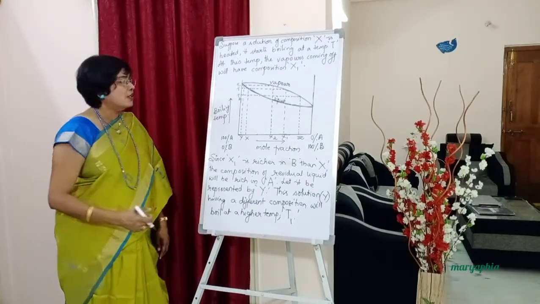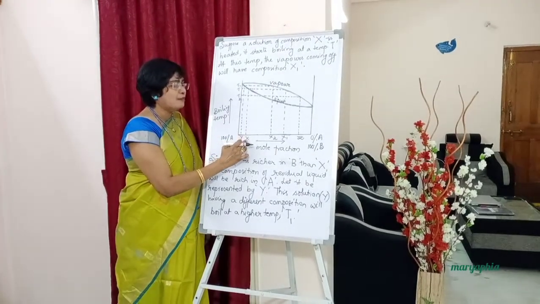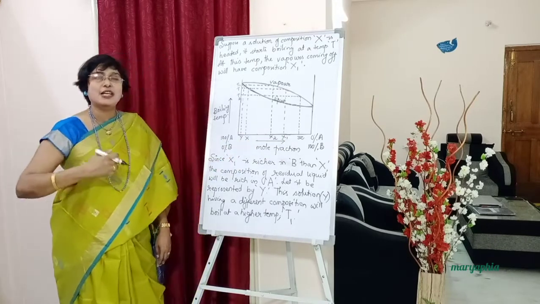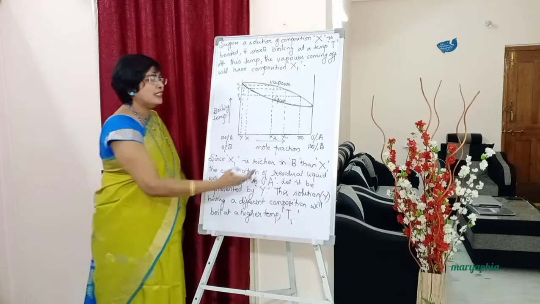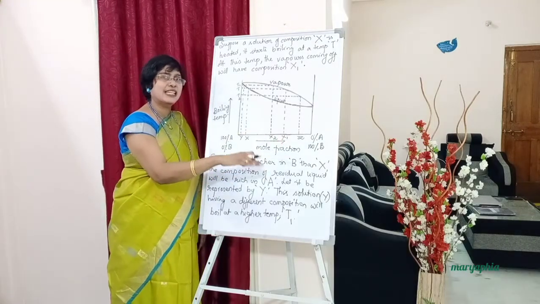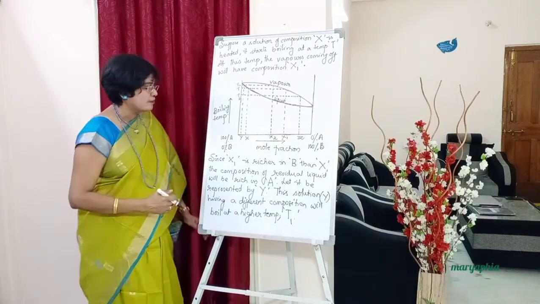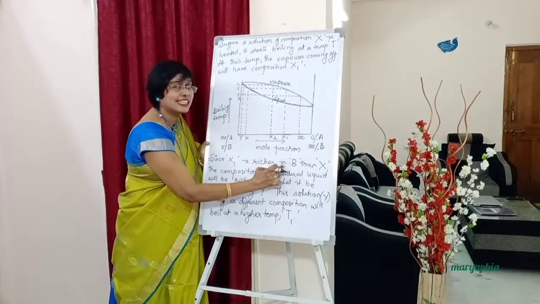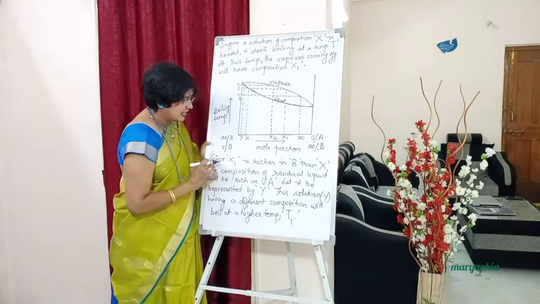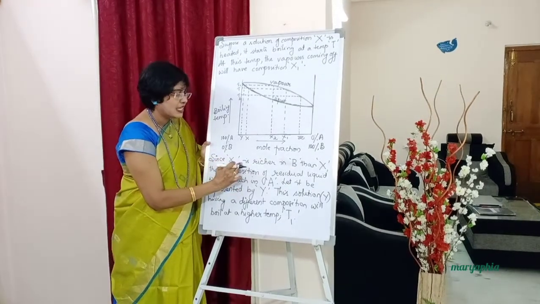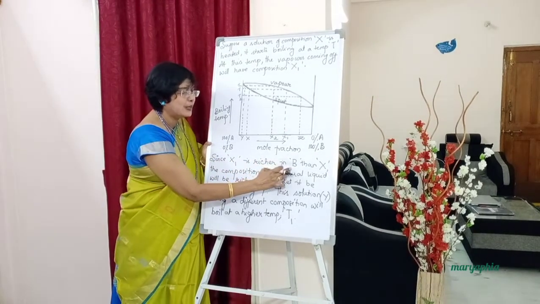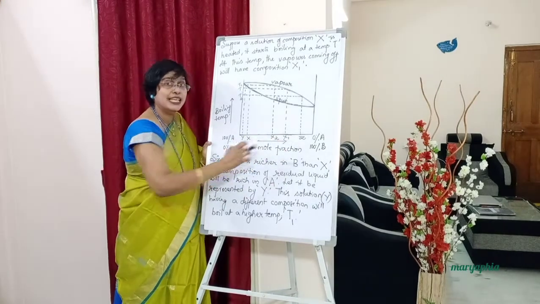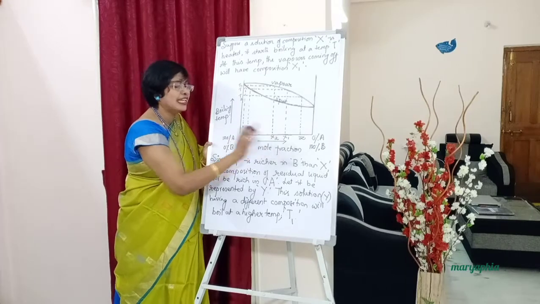Now the vapors coming off from this solution have a composition X1. So by the time we reach here, A is decreased and B is more. Therefore, since X1 is richer in B than X. Here B is less, but here B is more. Here A is more, here A is less.